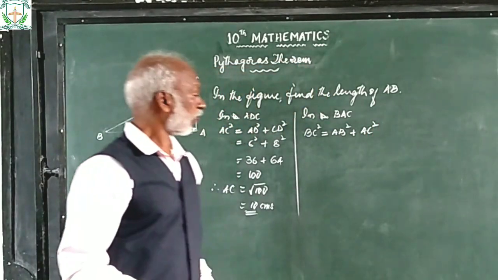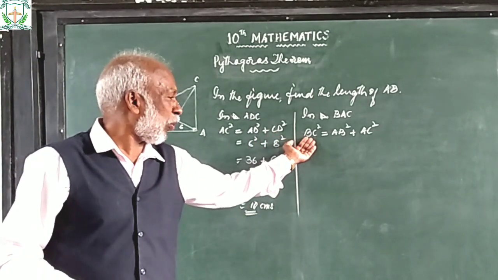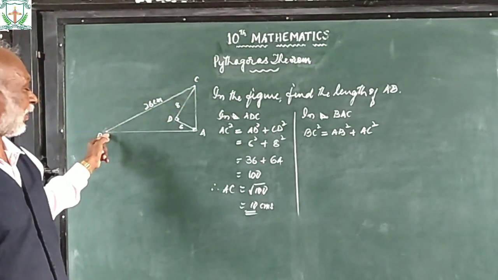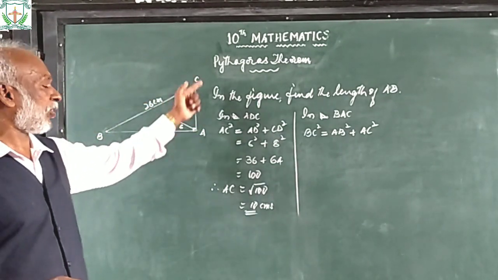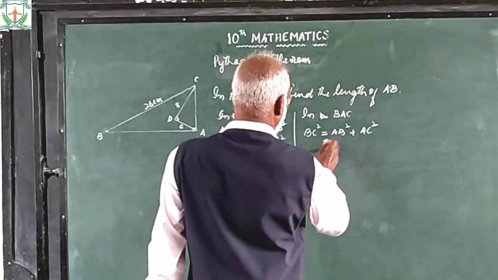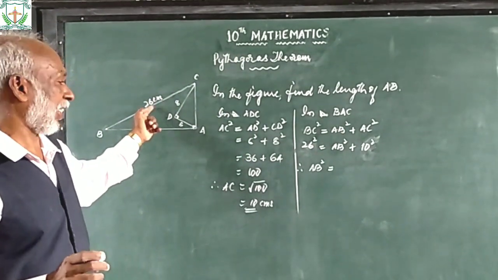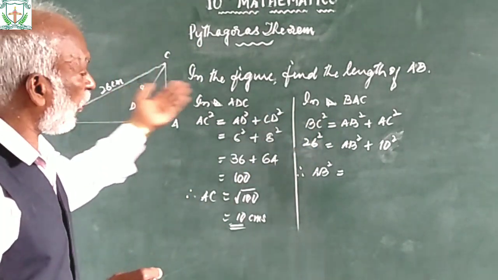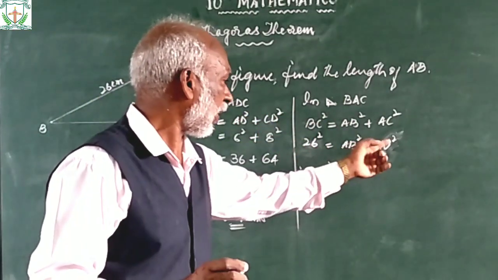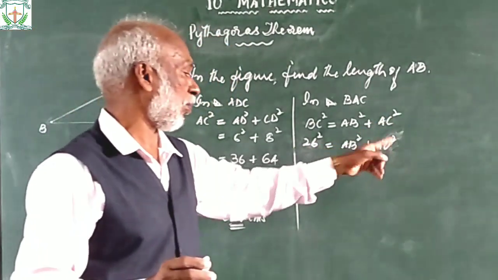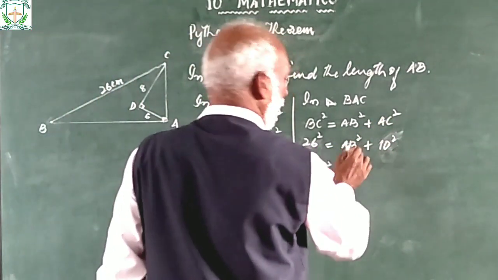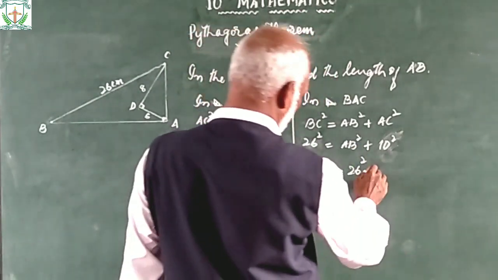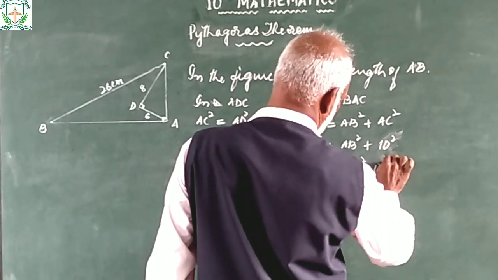Am I right? Square of the hypotenuse is equal to sum of the squares of the other two sides. This is the hypotenuse. How much is BC? This is 26. 26 square is equal to AB square, which we have to find, plus AC square, AC is 10 centimeters. Therefore, AB square is equal to 26 square minus 10 square.